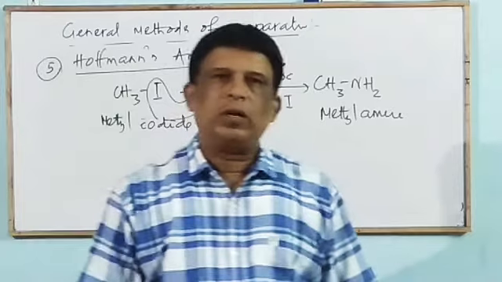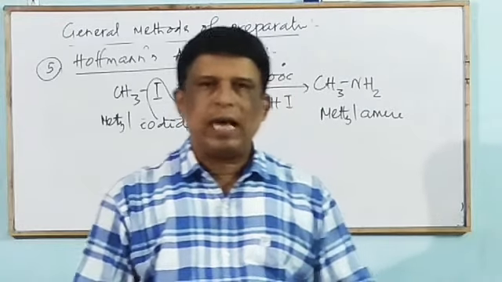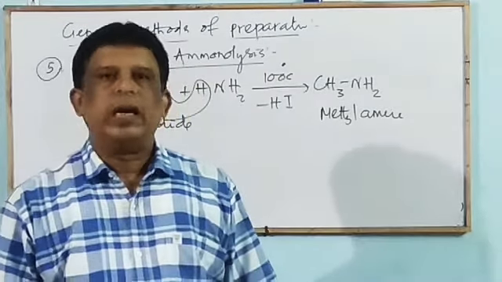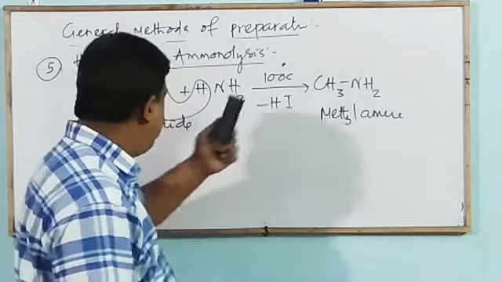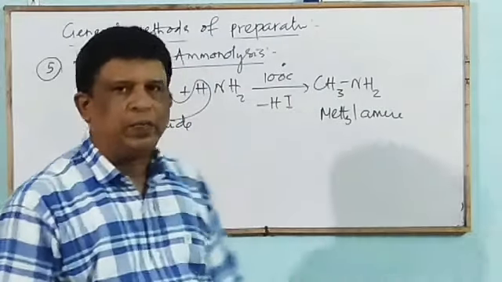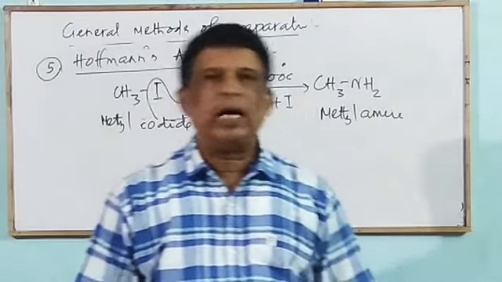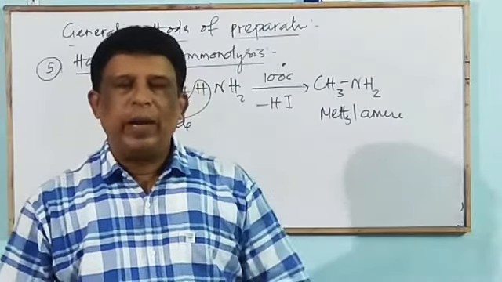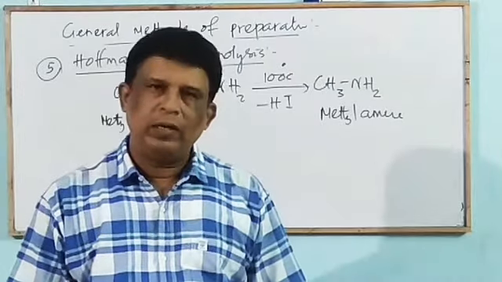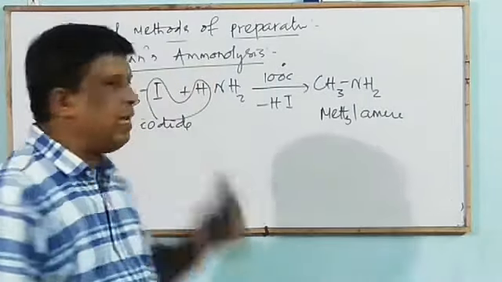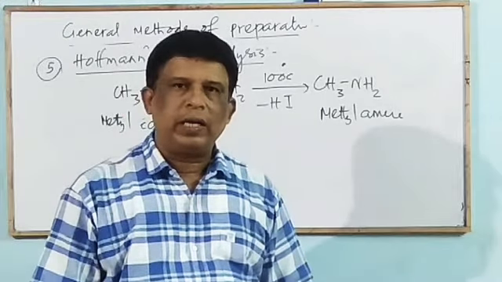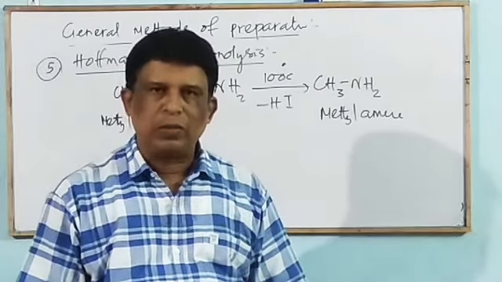The product formed in the reaction mixture depends upon the ratio of the ammonia and alkyl halide. If excess of alcoholic ammonia is there, then the main product is primary amine. On the other hand, if excess of alkyl halide is there, then the main product is quaternary ammonium salt.